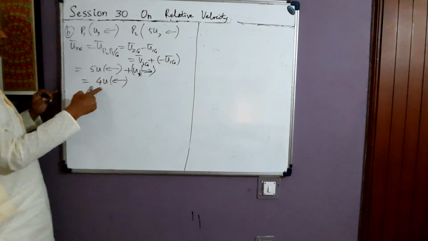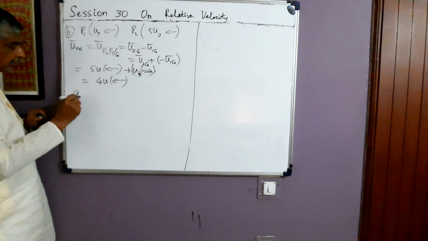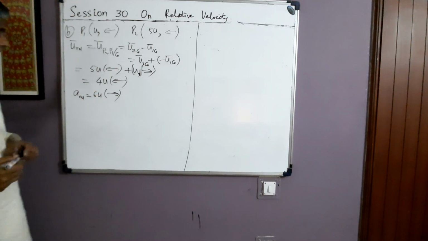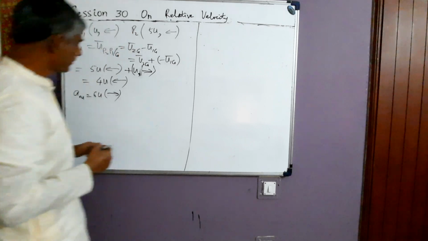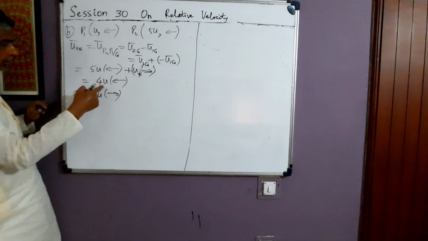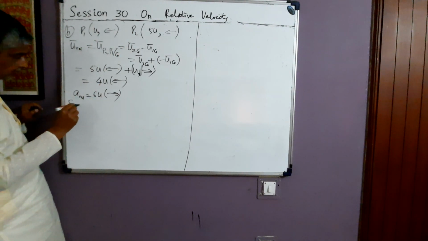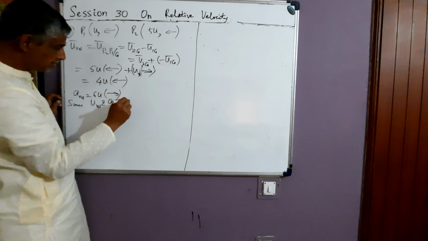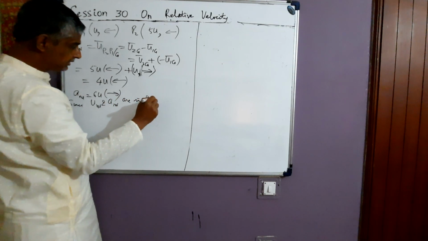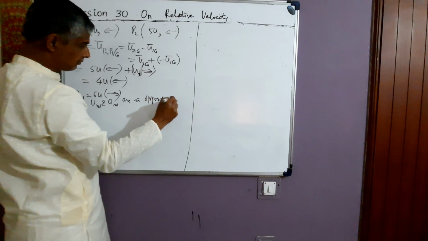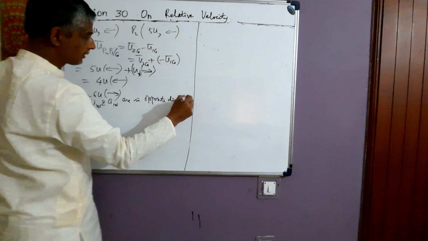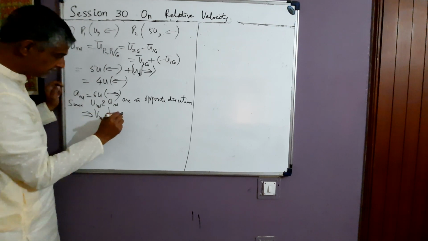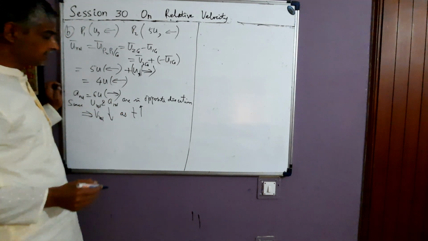So U relative is 4U left and A relative is 6A right. Since U relative and A relative are in opposite directions, this implies that the relative speed between P1 and P2 decreases as time passes by.